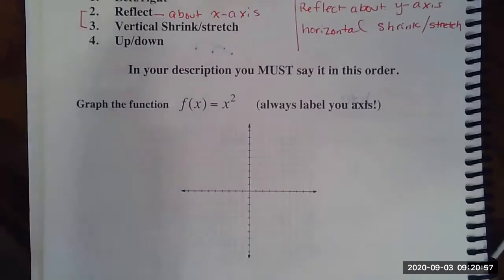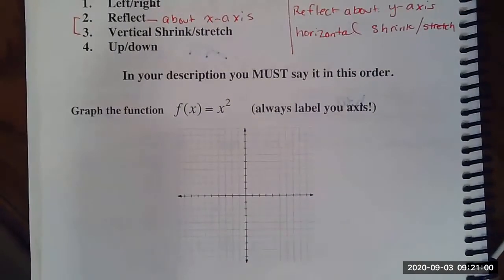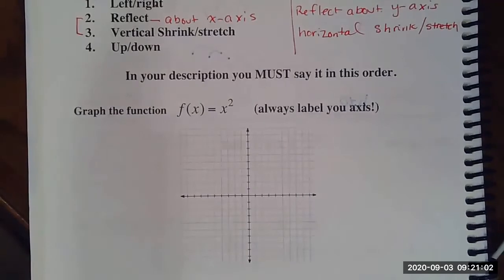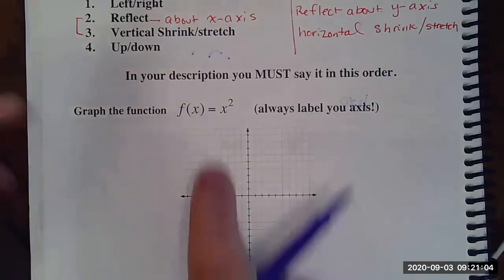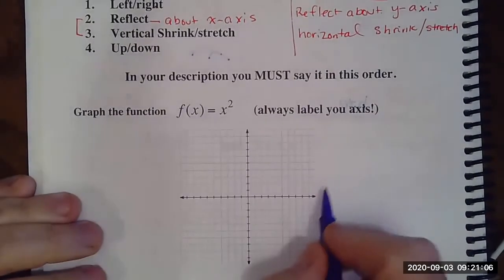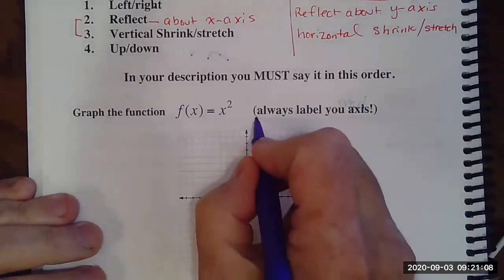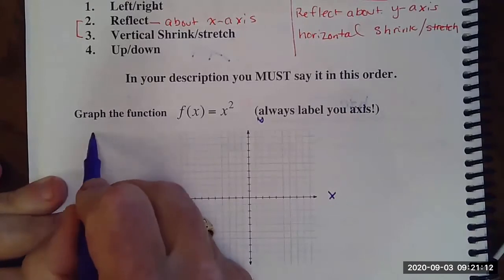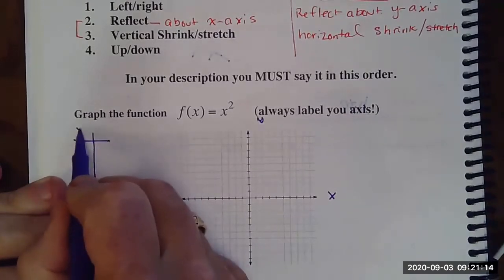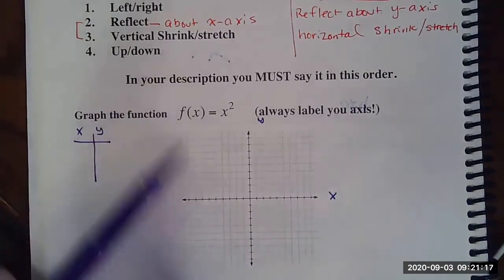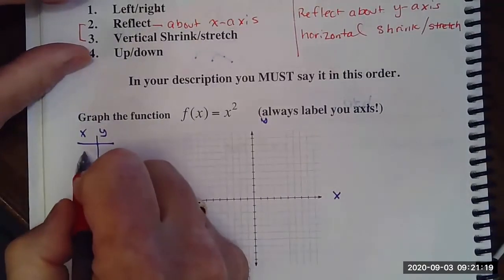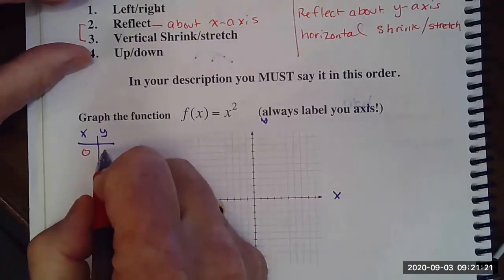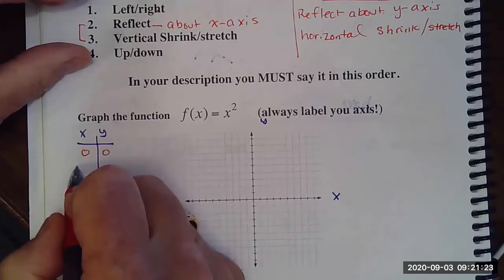All right, so I'll just do that one in order. I'll do that by hand. Label your axes. Okay, that means X and Y. There's your axes. Let's make a little table of values like this. Here's your X, here's your Y. So we go over here and let X be 0. You get 0. Let X be, let's say, -1.